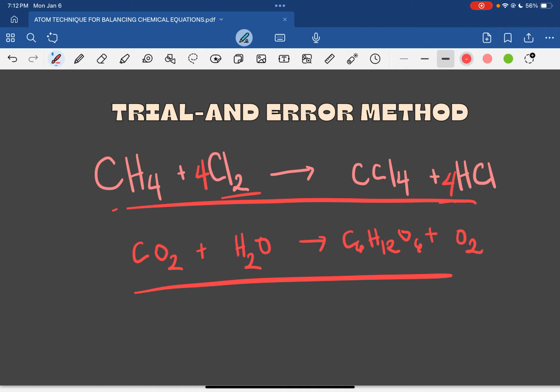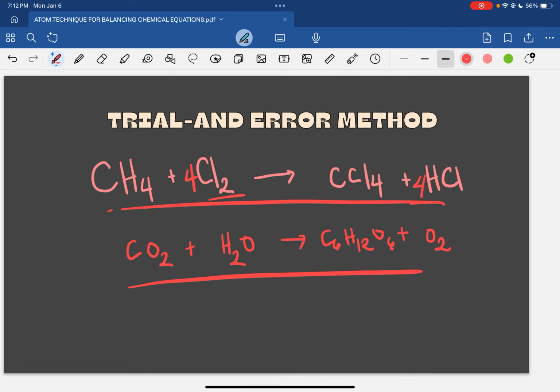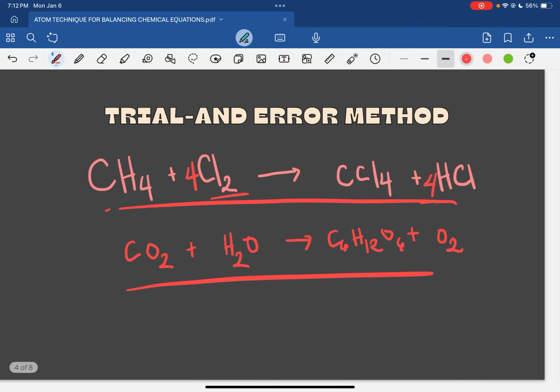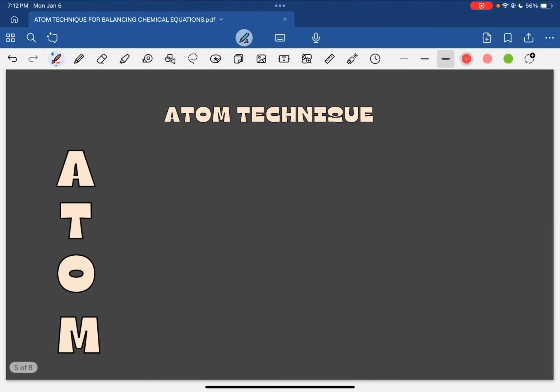So you're not just going to use different numerical coefficients or guess them, because that would take up too much time. And this is what we call the atom technique.